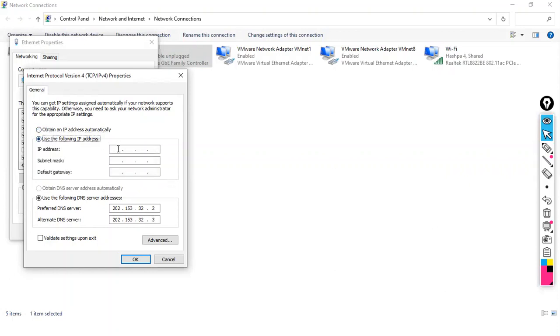If I configure a class A IP address, and if I press tab, it will take the default subnet mask of class A, which is 255.0.0.0.